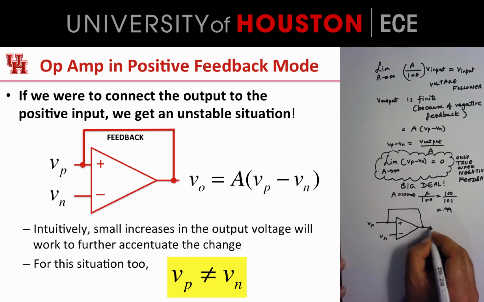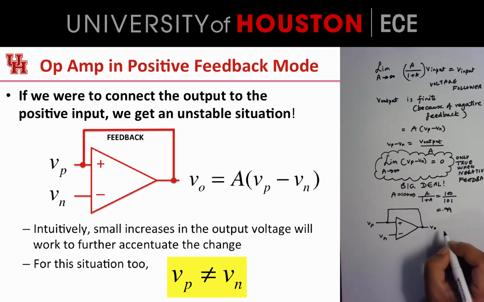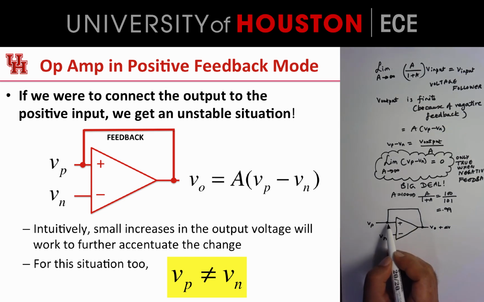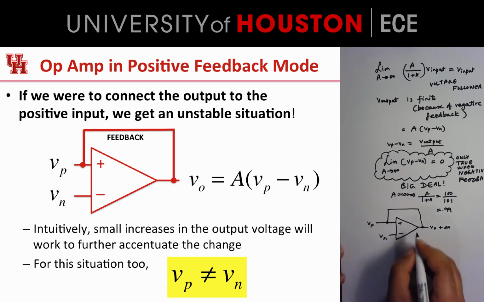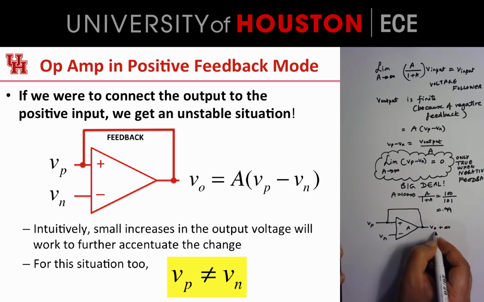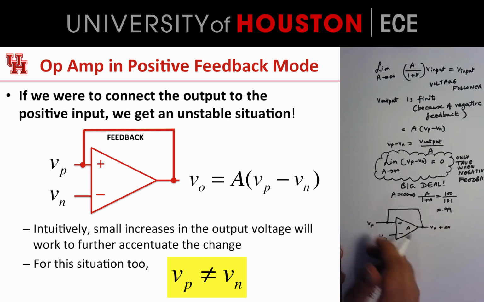Suppose this output voltage tries to increase a little bit, let's say it tries to become V output plus delta V. Then this Vp is also going to go up, and that's going to get amplified by a huge number A and driven even higher, and that's going to make it go even higher and so on.